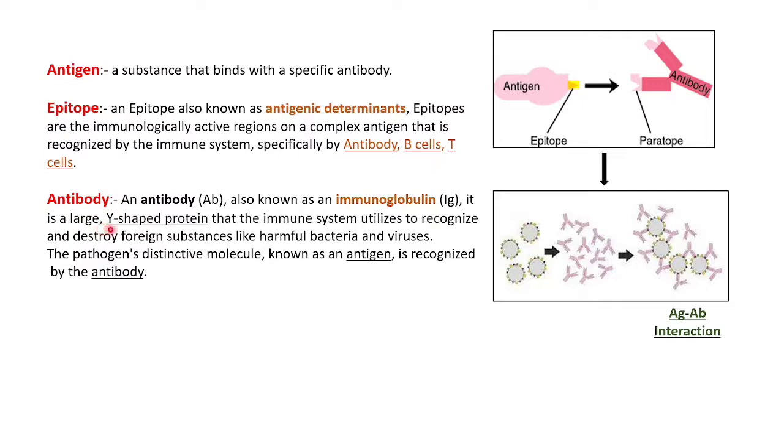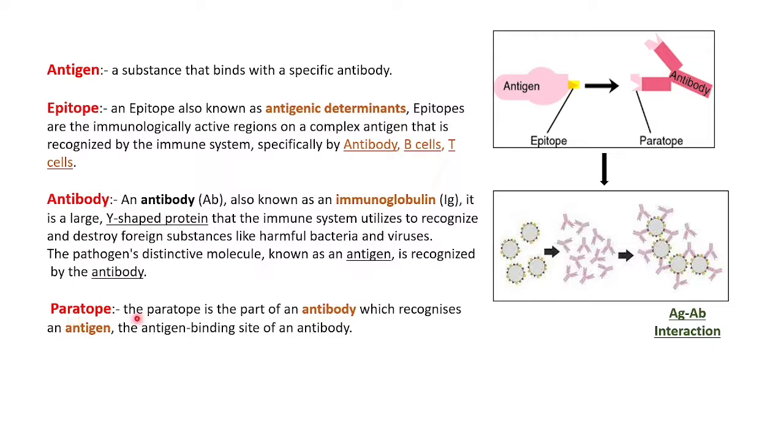It is a large Y-shaped protein that the immune system utilizes to recognize and destroy foreign substances like harmful bacteria and viruses. The pathogen's distinctive molecule, known as antigen, is recognized by the antibody.